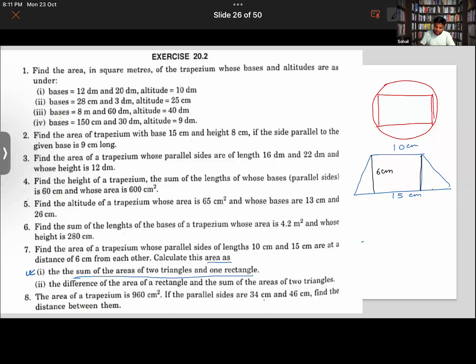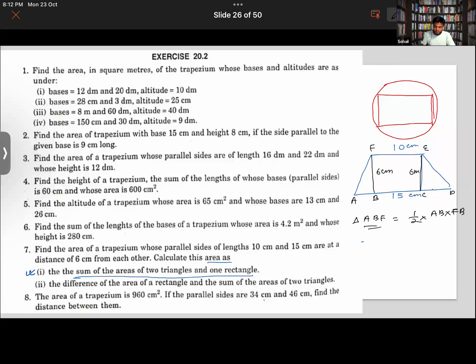Now for the measurement of the height of the triangle, let's name it A, B, C, D, E, F. In triangle ABF, its area will be half into AB into FB.